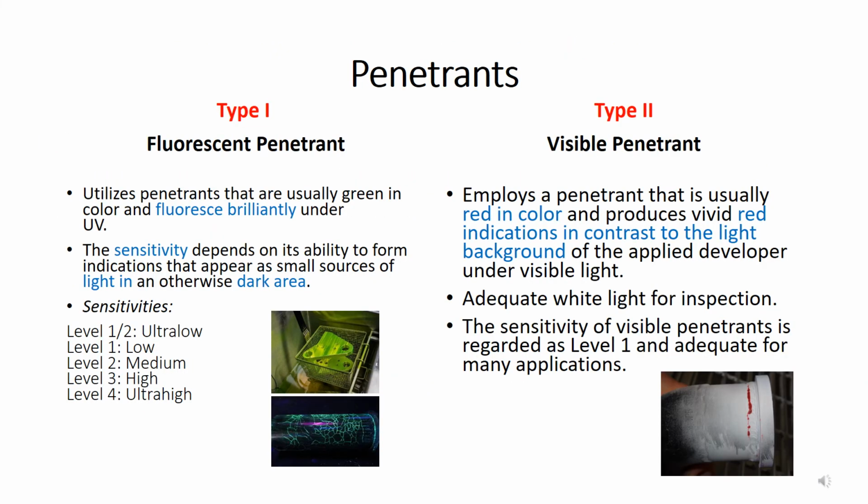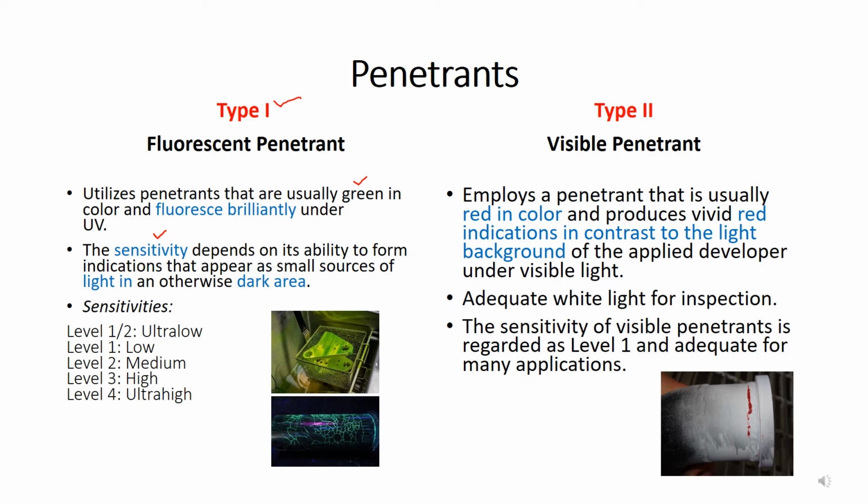Then we have penetrants. We have two types of penetrant. The first one is fluorescent penetrant. It utilizes penetrants which are generally green in color, and they have the fluorescence ability such that they glow under the ultraviolet light. The sensitivity of the fluorescent penetrant is defined by the indication it forms when seen in a dark area while we are applying the ultraviolet light.